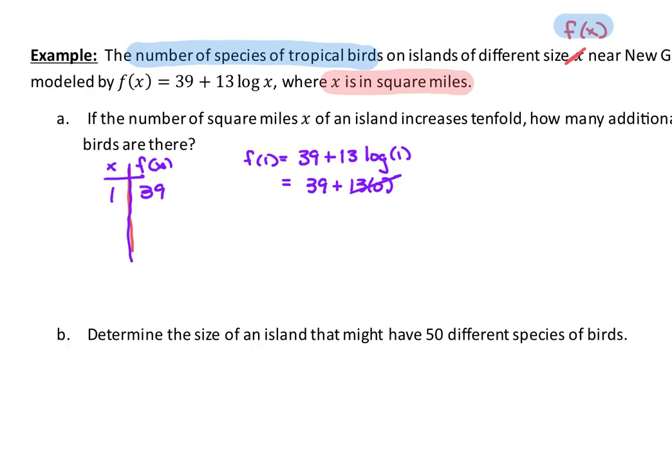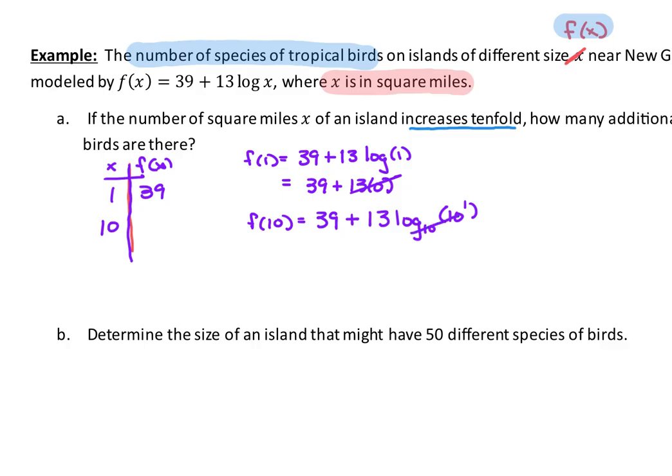Now, when we look at the phrase increases tenfold, this means we want to multiply by 10. And so I'm going to go ahead and multiply 1 by 10, and we get 10. And let's see what happens when we plug in 10 to our function. If we plug in 10, remember this is log base 10 of 10, and this is basically 10 to the first power now.